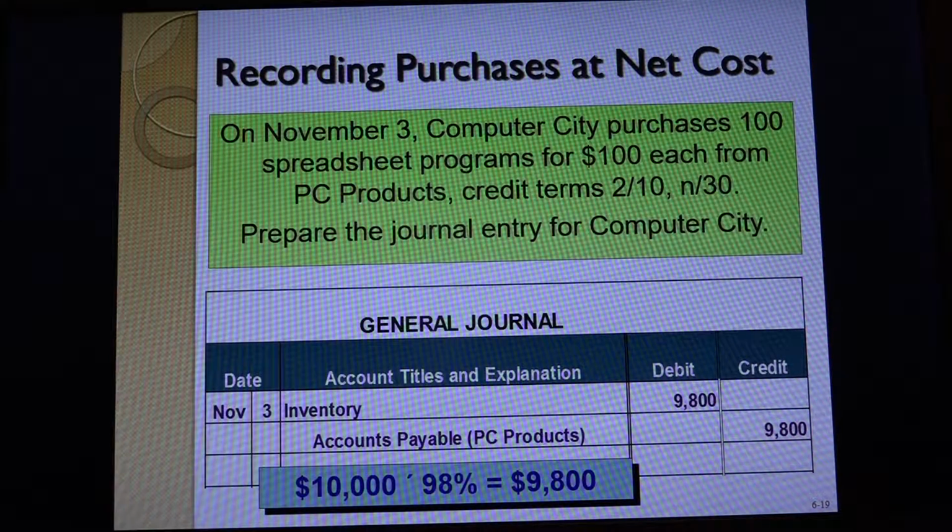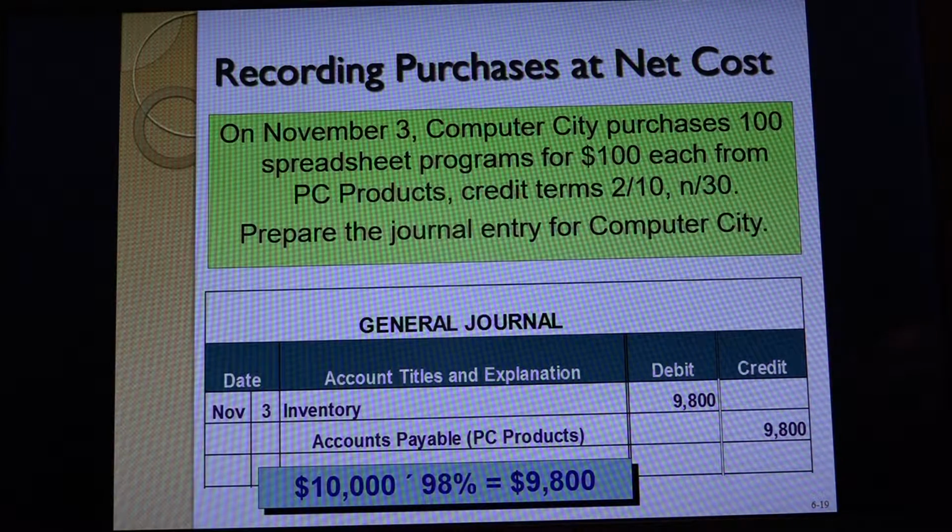Recall, or maybe we really haven't discussed this, when you have inventory, especially for merchandisers, you're going to include all costs to get the inventory into selling position. And so the purchase price is certainly relevant to that. Purchase price of the merchandise.